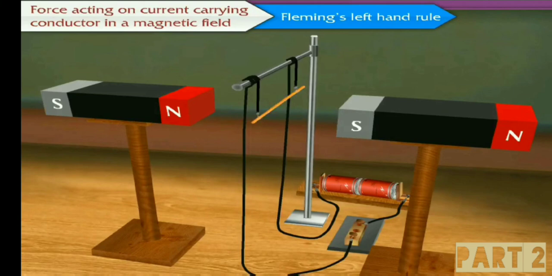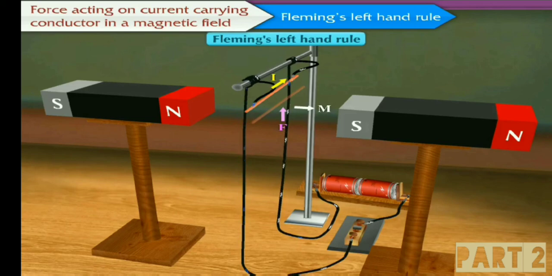When a current-carrying conductor is placed in a magnetic field, a force is exerted on the conductor. There is a simple rule to determine the direction of force acting on a current-carrying conductor placed in a magnetic field. This rule is called Fleming's left-hand rule.